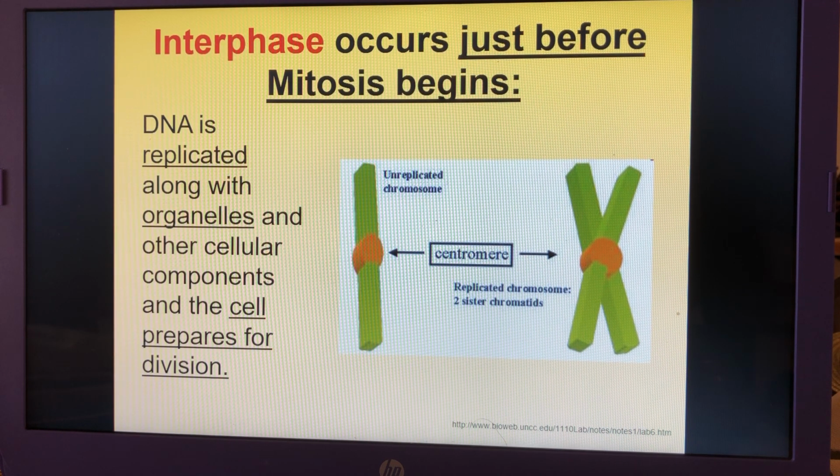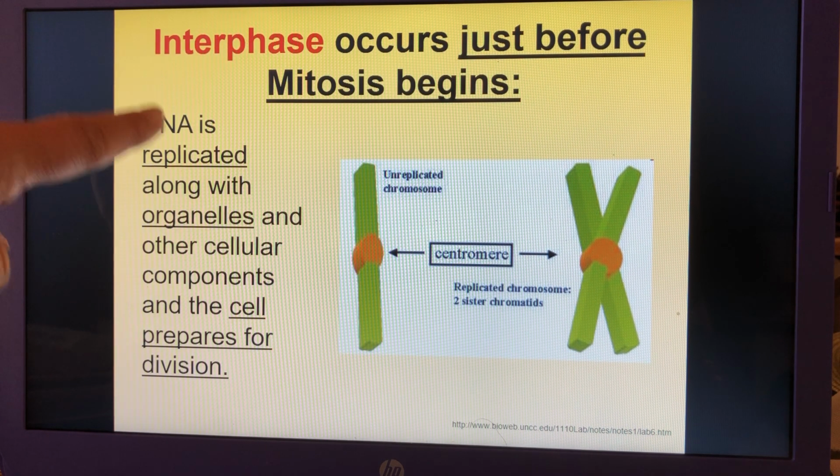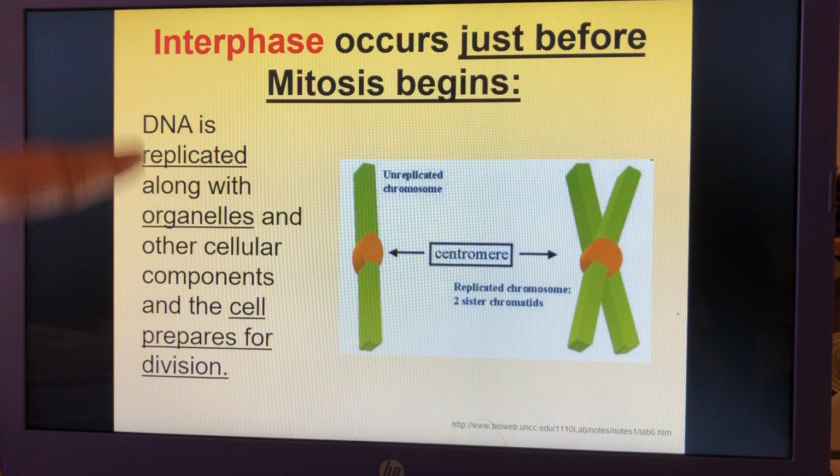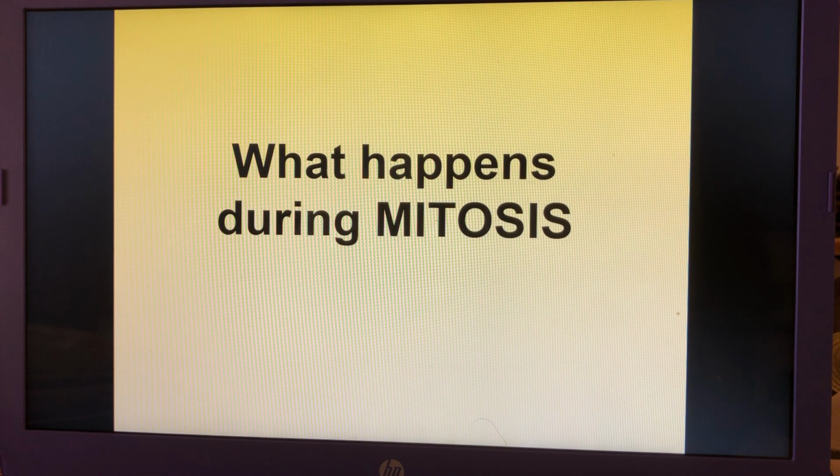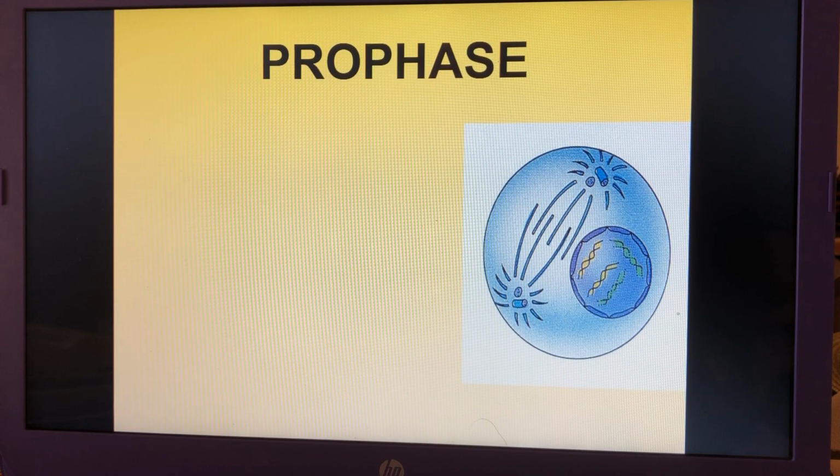So interphase is not part of mitosis, but mitosis could not occur if this interphase didn't happen, where the replication of the DNA takes place and the organelles are formed and life functions go on. Basically, it's just living life in interphase, getting ready to prepare to divide in mitosis, which leads us to the heart of our lesson today: what happens during mitosis.